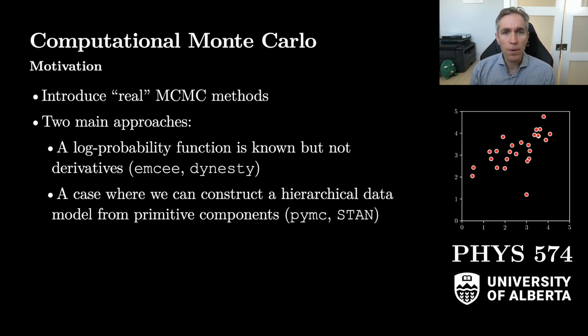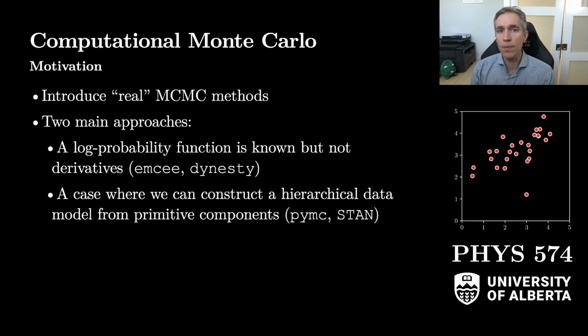The other case that we're going to rely on is cases where we can build up a data model through a bunch of primitive components. And so we can make a fairly sophisticated data model, but then because the components have computational awareness, they're able to use very sophisticated samplers. Here we'll be using the PyMC framework.